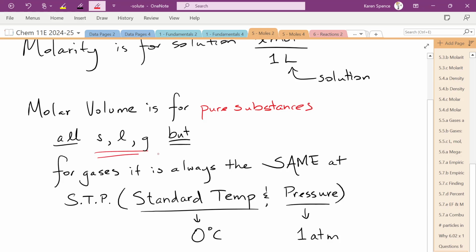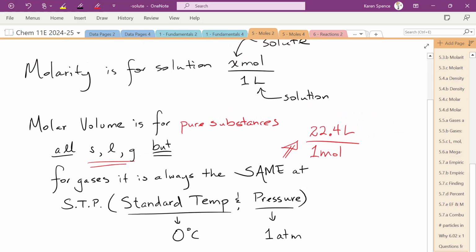All solids, liquids, and gases that are pure substances, but for gases, it is always the same. And what is the molar volume? 22.4 liters per mole.